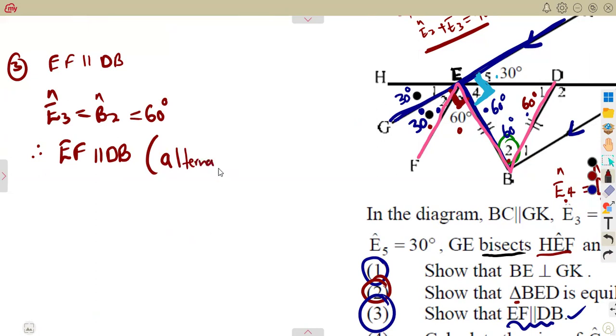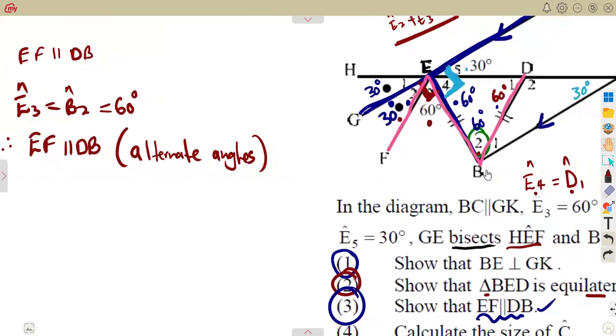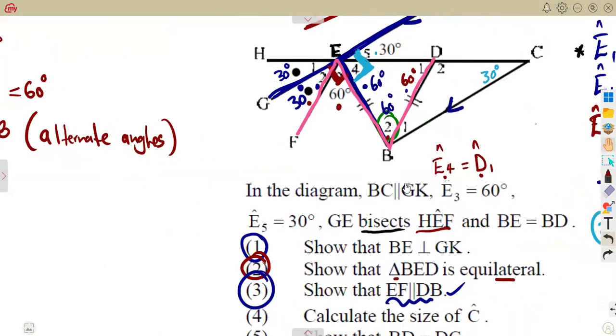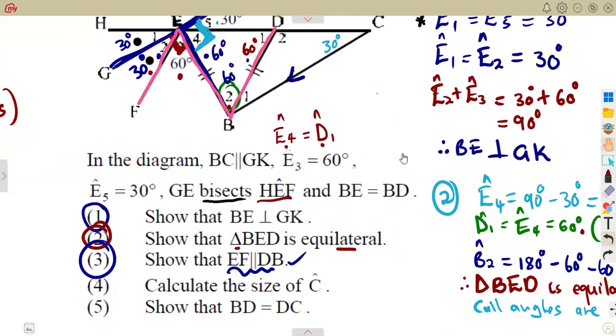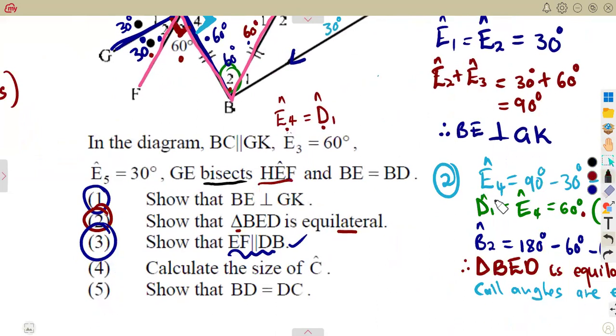Remember that alternate angles are equal, the ones which form a Z. So you prove from any one condition which is applicable. Here, alternate angles was going to be best. I don't know if you've got any other way to prove that, as long as it is geometrically true.